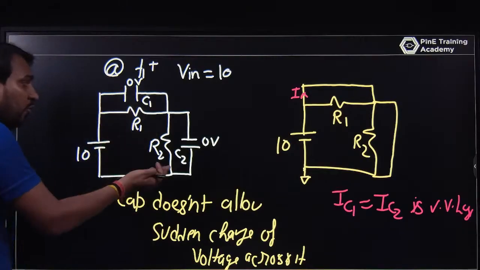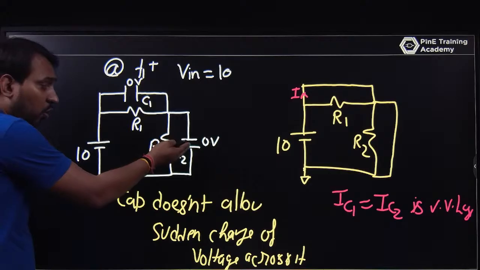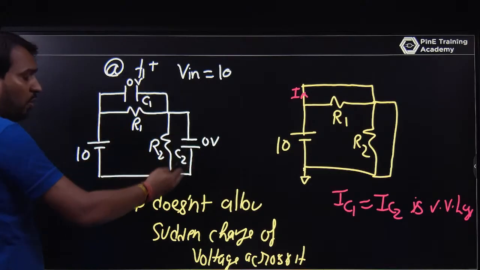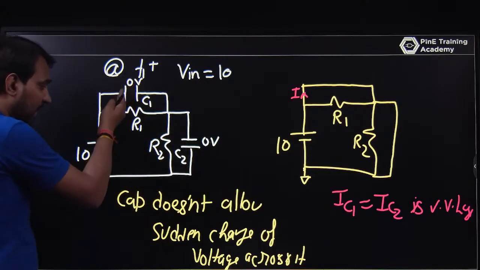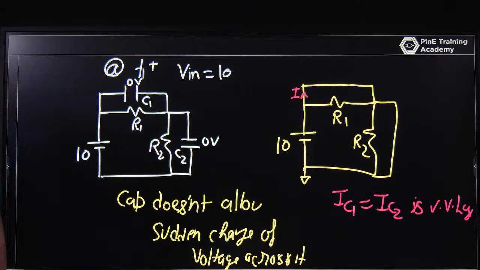And what will be the voltage? As per the previous question, the voltage of C2 will be 10 into C1 upon C1 plus C2, and the C1 voltage will be 10 into C2 upon C1 plus C2. We solved that question previously.